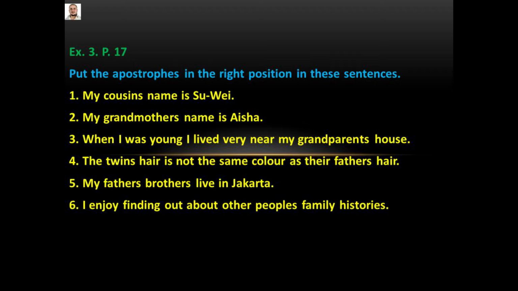Number 3, when I was young, I lived very near my grandparents' house. Number 4, the twins' hair is not the same color as their father's hair. Number 5, my father's brothers live in Jakarta. Number 6 and the last one says, I enjoy finding out about other people's family histories.